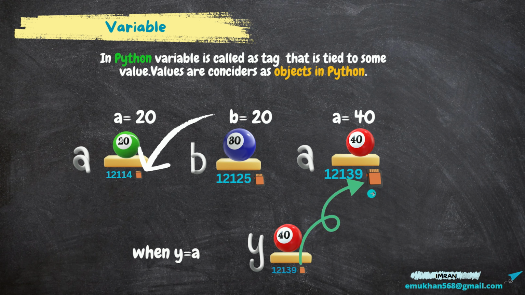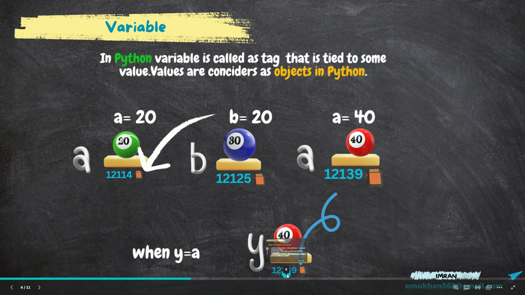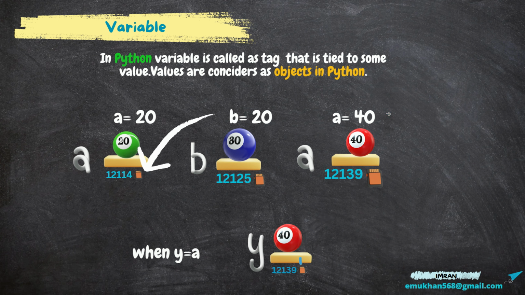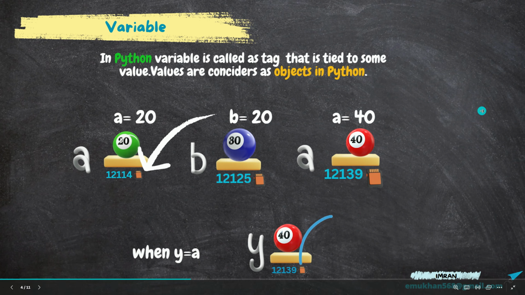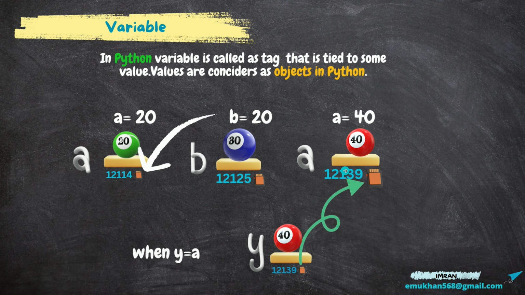We have also written the memory location as well. You can see that, and we have the variable y here also. Now I'd like to tell you what is happening here. The location of y is referring to, tagging the value of a, which has the value 40.